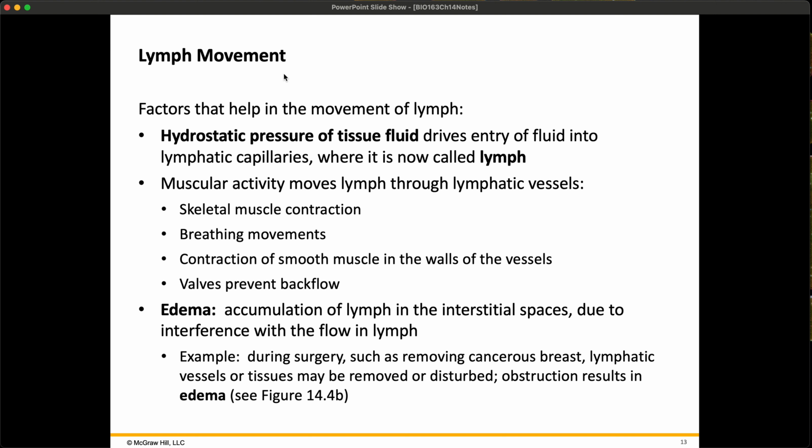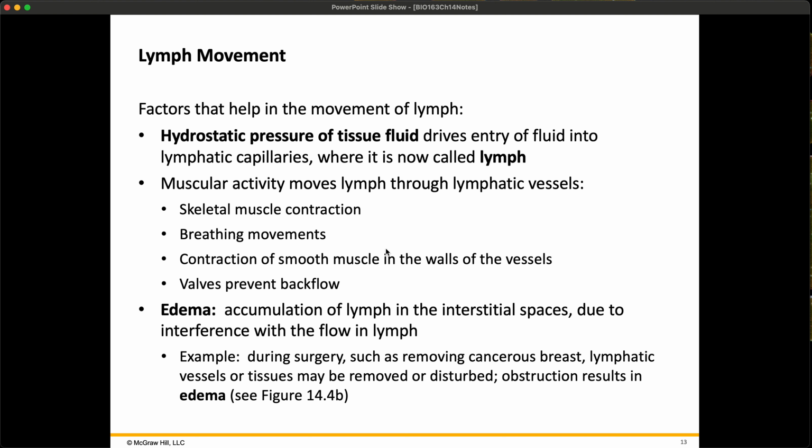Similar to blood vessels, or rather veins specifically, lymph vessels don't have a blood pressure, so they don't have this force that's pushing fluid through them, so it relies a lot of times on other actions. So again, talking about what forms lymph, you have the hydrostatic pressure of tissue fluid. Interstitial fluid builds up and it pushes into lymphatic capillaries.